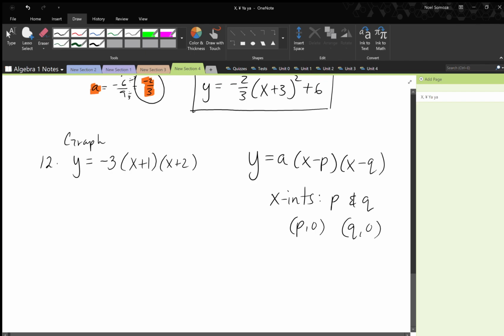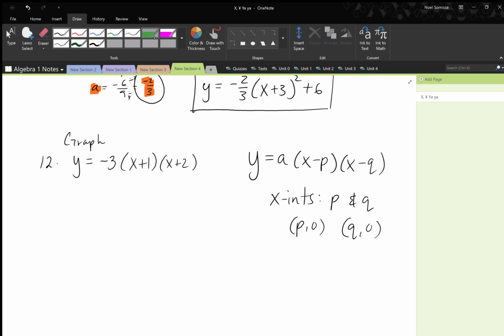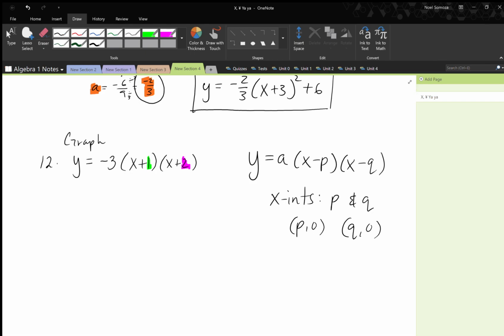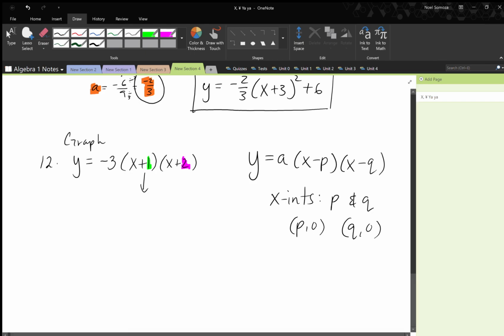So if you take a look at what you have right here and right here, it looks like you would have p and q, but actually what we do is take the opposites of these numbers. So we would take the opposite of positive 1, so that means your x-intercept would be negative 1.